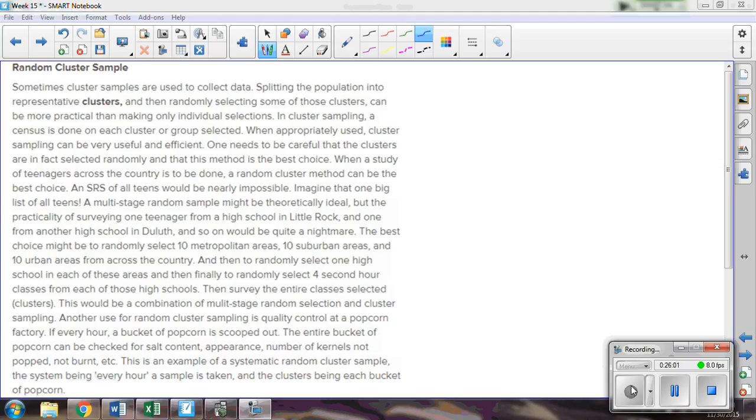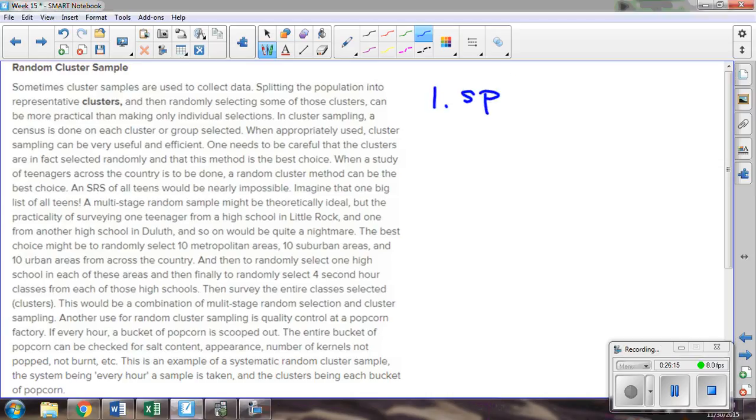This sampling method is called the random cluster. It is very similar to the stratified random. In both instances, you will start by splitting the population into groups.